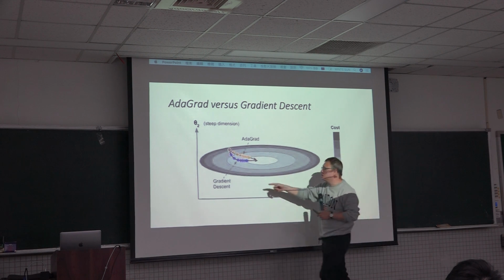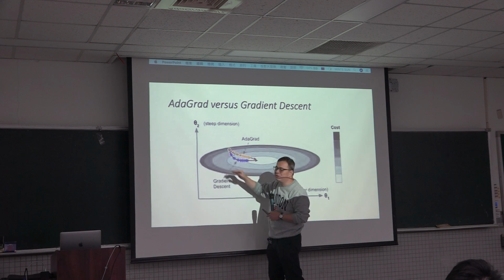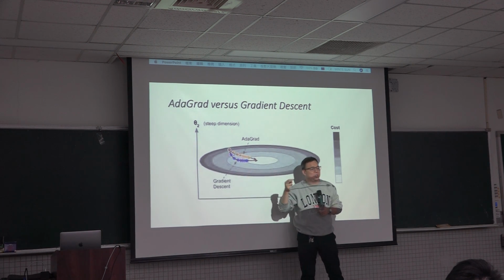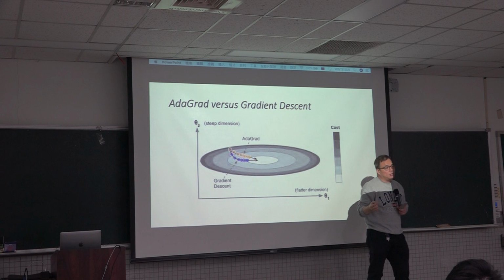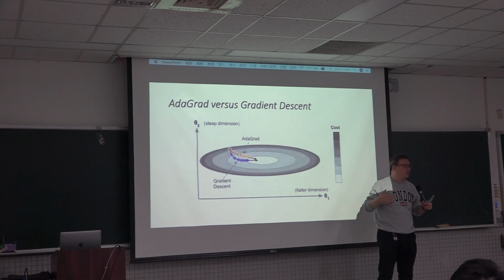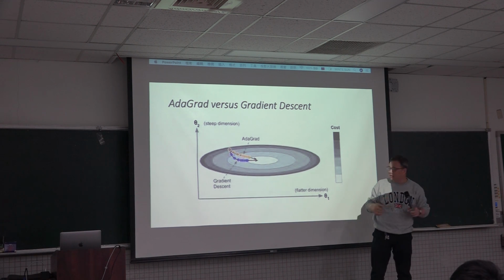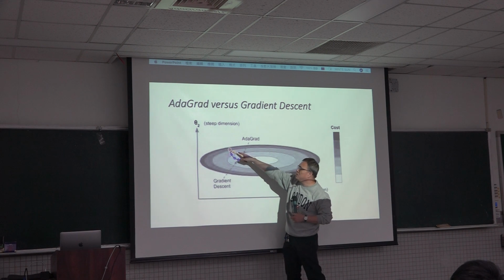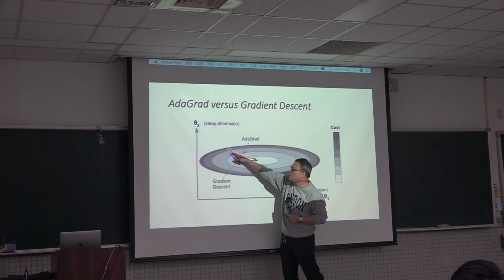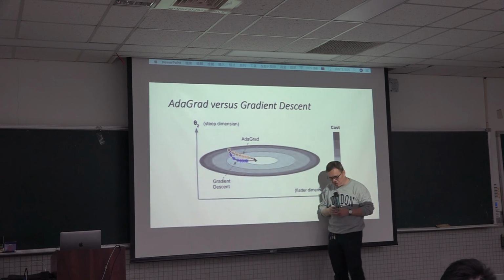And this dimension is going slowly, so it divides this dimension by a smaller value. By doing so, it's kind of like normalization. Once you've done that, the direction will be pointing a lot more directly to the optimal.